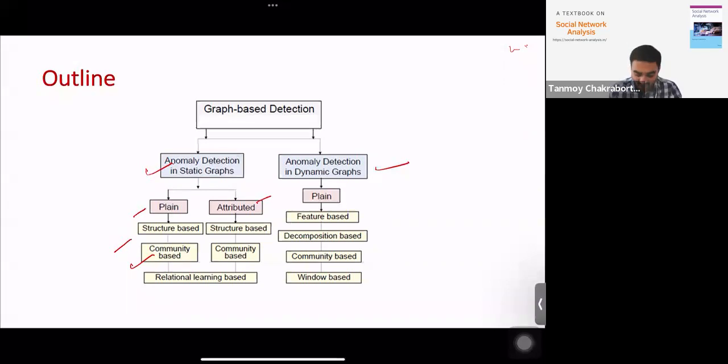For example, say there is a research lab. There are 15 members in the research lab, and say 13 members are doing PhD, 2 members are doing masters. So these 2 members are anomalous members with respect to that community, with respect to the lab.